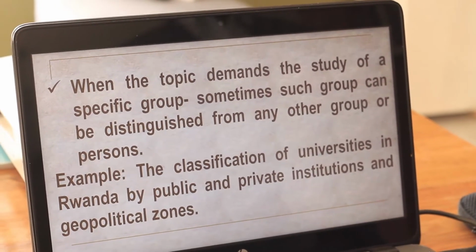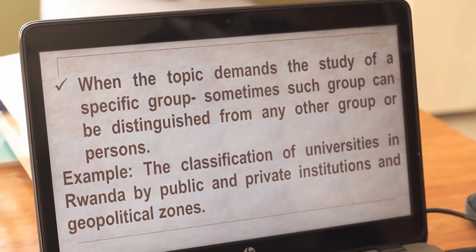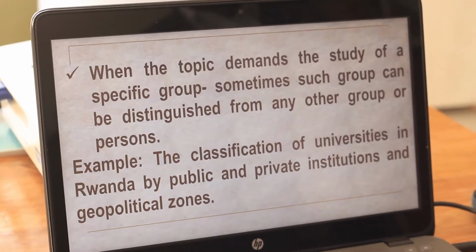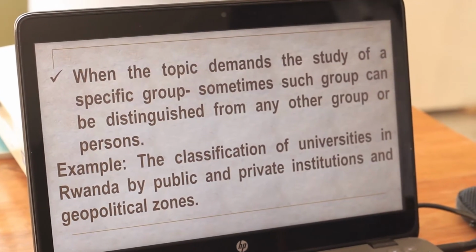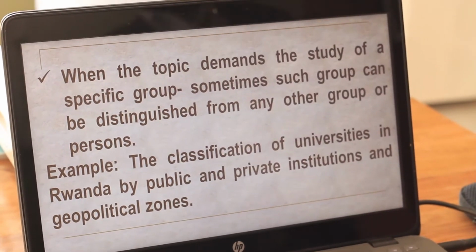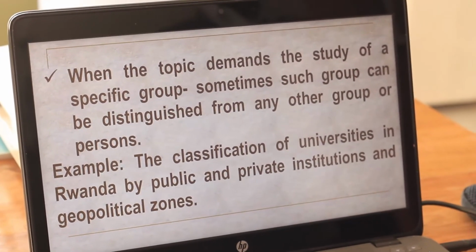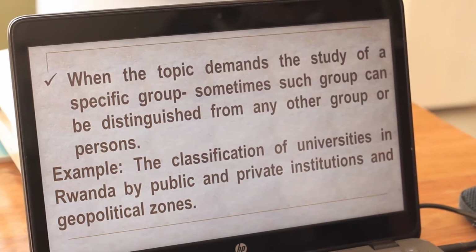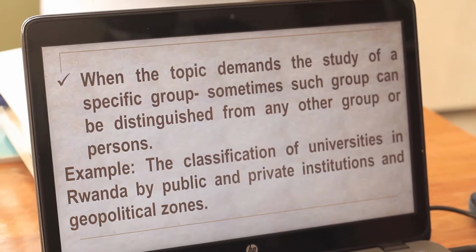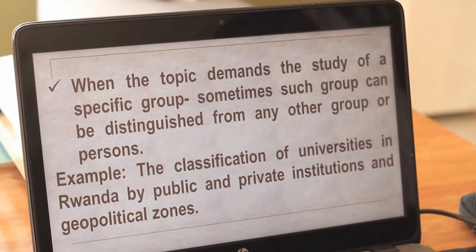So that can be used, and you can choose to use the whole population. Example, here they say the classification of universities in Rwanda by public and private institutions and geopolitical zones. You know that those universities are not many. Then you can use them.